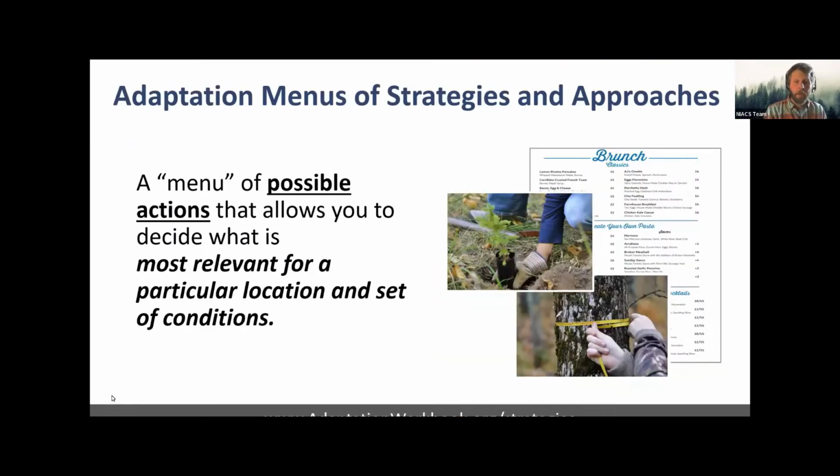All right, so we've already introduced the idea of these menus, and so just as a recap, what is an adaptation menu? It's really a list of all the possible actions that you could implement that allows you to brainstorm ideas and help you to decide what's most relevant for your particular location, your site conditions, your goals that you're trying to achieve in your management.